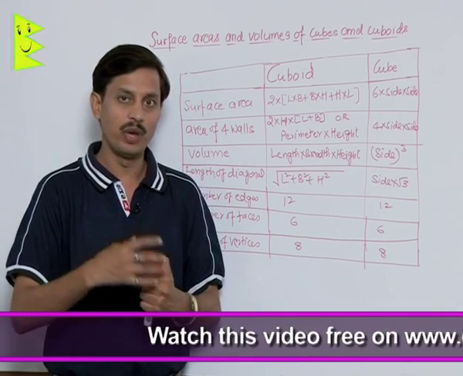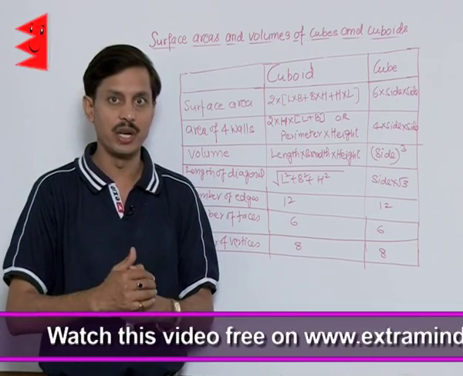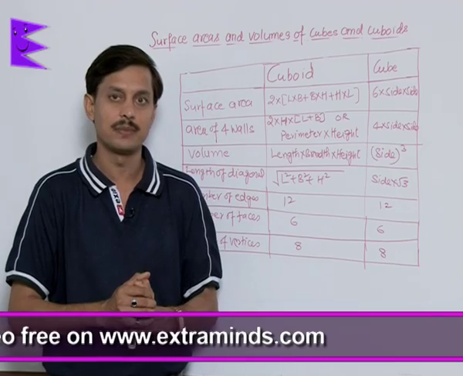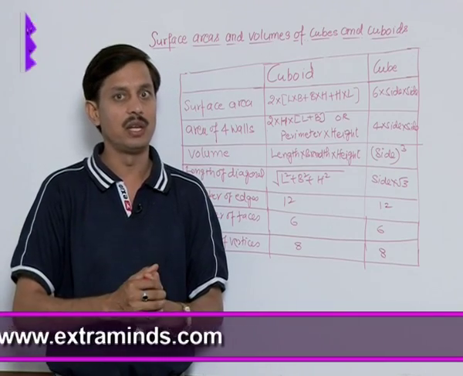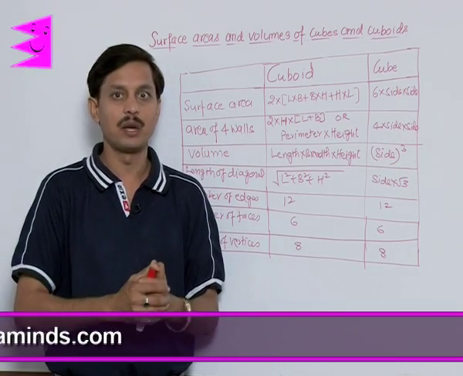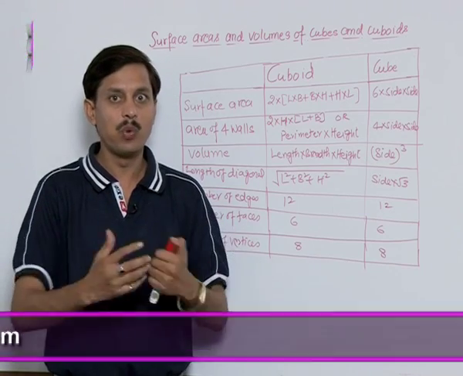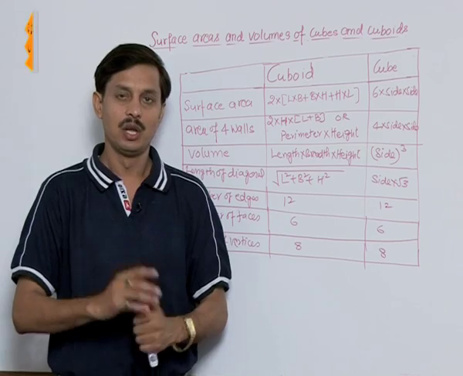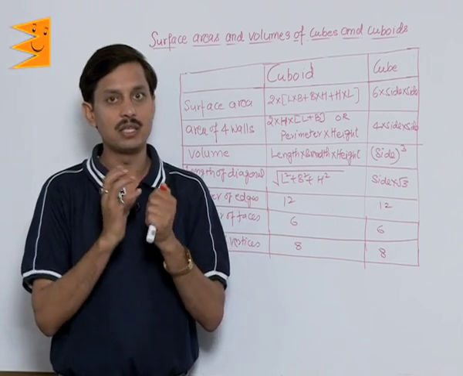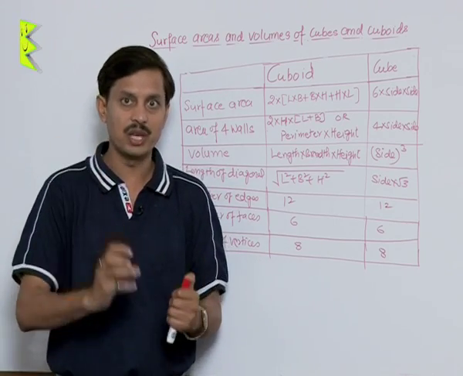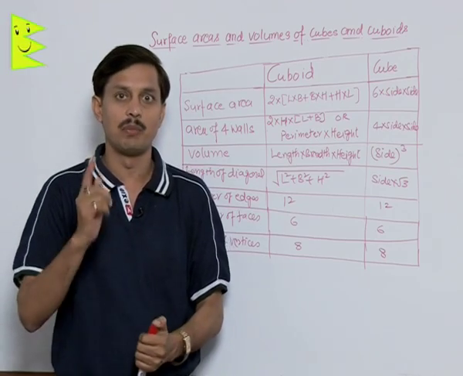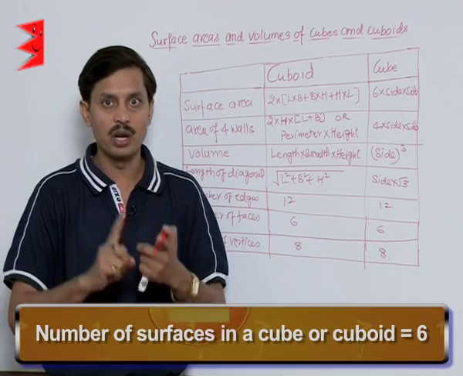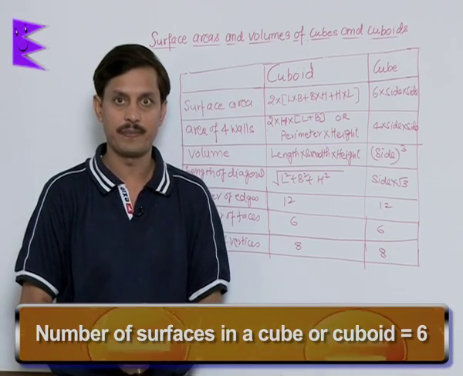Like in your classroom, the floor where you sit is the first surface, above it there is a roof, the second surface, and there are 4 walls in a room. These are the 4 other surfaces. So, the number of surfaces in a cube or cuboid is always 6.